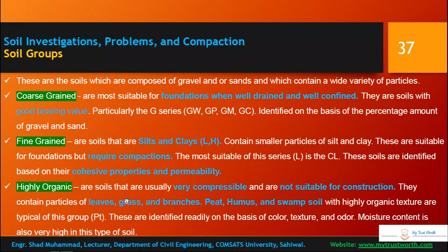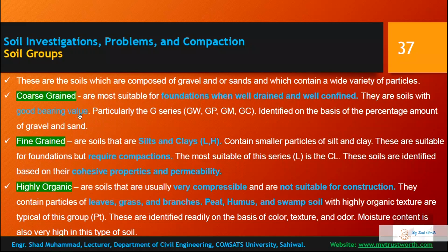Highly organic soils are very compressible and not suitable for construction purposes, but they are good for agriculture purposes. They contain particles like leaves, grasses, and branches. Peat, humus, and swamp soil with high organic textures are typical of this group, and these are identified readily on the basis of color, texture, and odor. Moisture content is also very high in these soils.